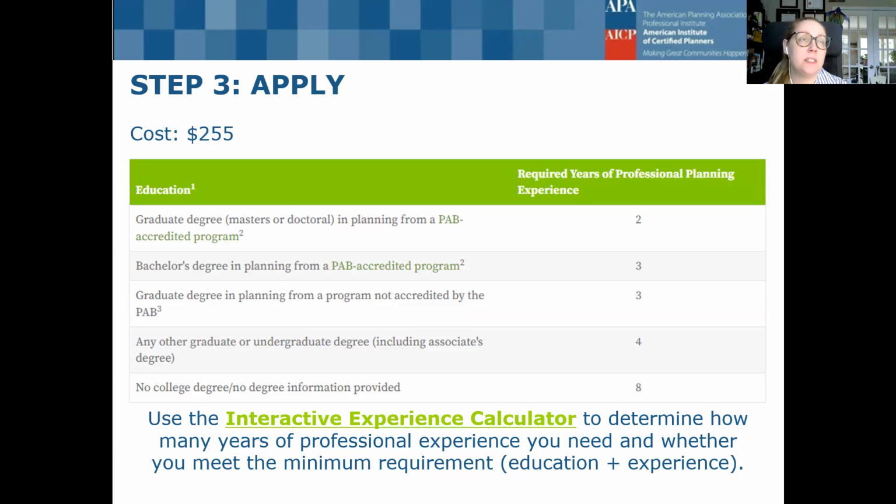If you received a master's degree from an accredited planning school, you need 2 years of professional planning experience, full-time experience. If you have a bachelor's degree from a planning accredited program, 3 years of professional experience, and then on its way down. So this calculator that APA has online can help you determine that. If looking at this table, you still have some questions about whether or not you qualify.